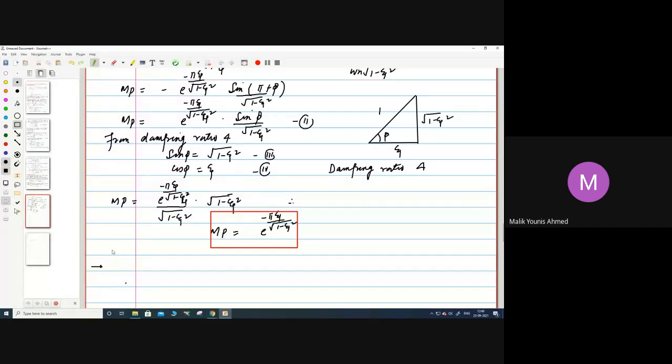It means that the overshoot Mp is a function only of the damping ratio, xi.